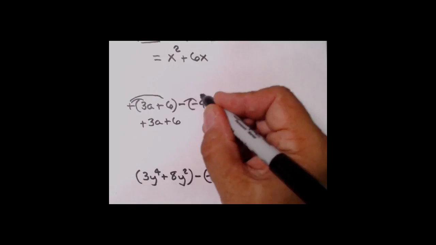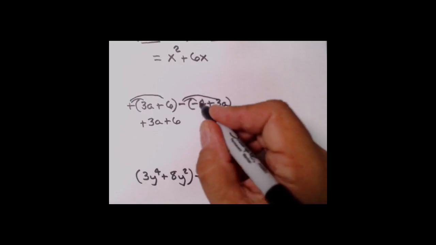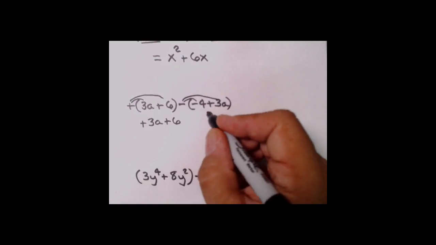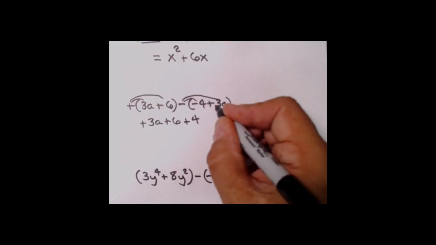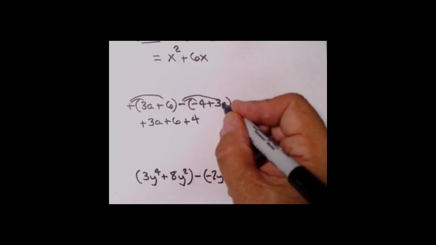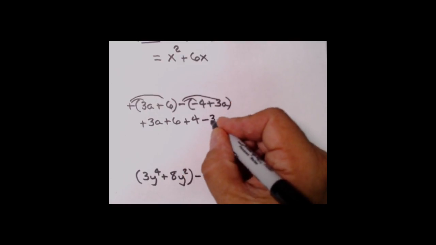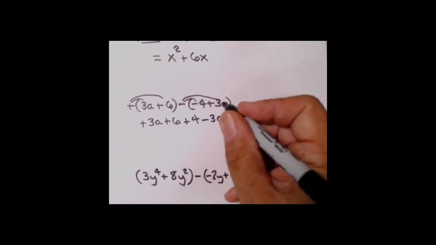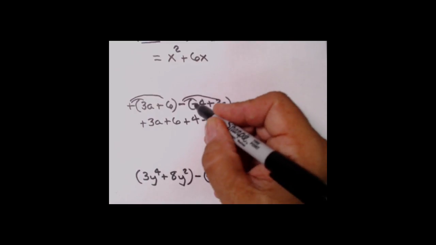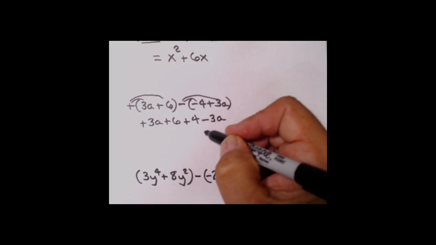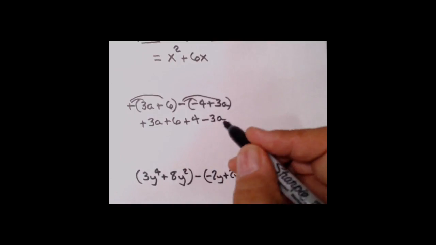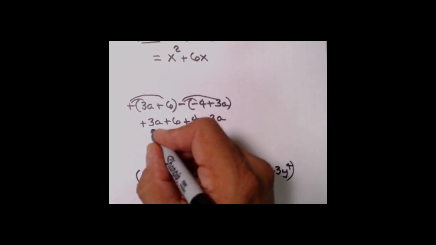But distributing the minus in is going to cause everybody inside to change, so minus 4 becomes plus 4, and plus 3a becomes minus 3a. Okay, well, let's see, minus went to plus, plus went to minus, so I did change both of those. So it looks good. Okay, we're ready to come up with the final answer.